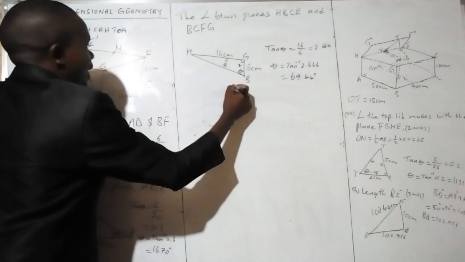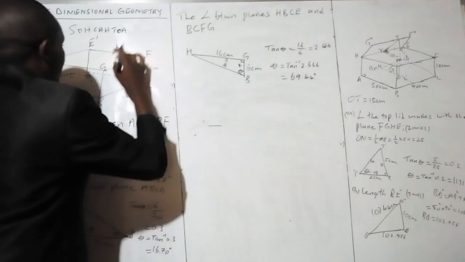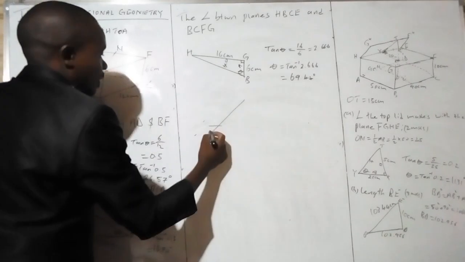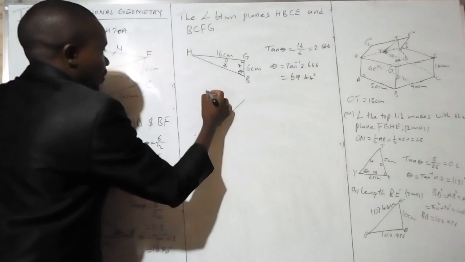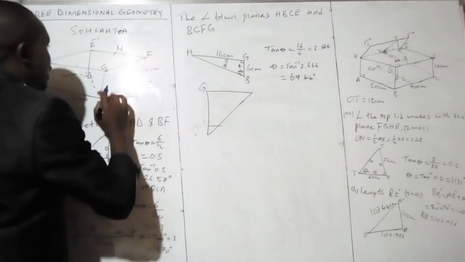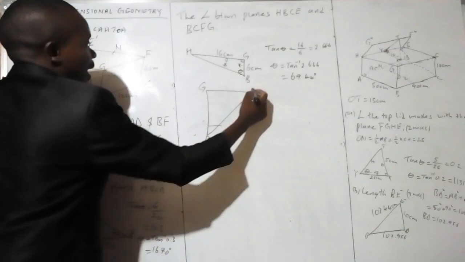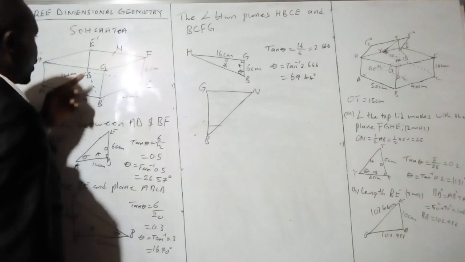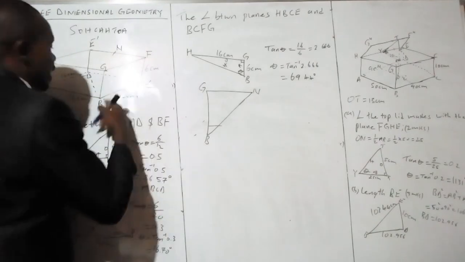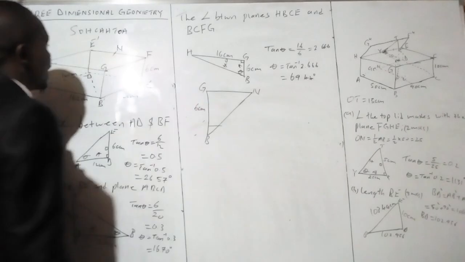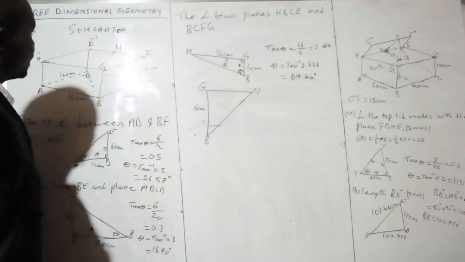We have B. Oh yeah, like this. This is how it will look like. G, B, and N, like that. GB is equals to FC, this 6 centimeters. And then after that, we can get GN.